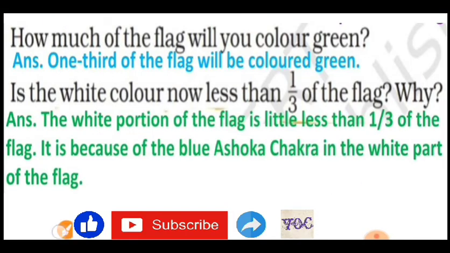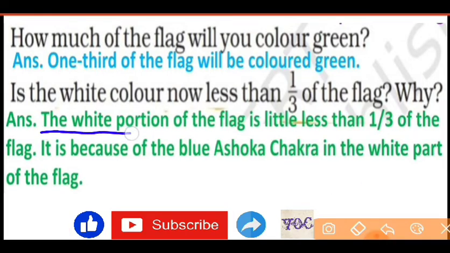So what will be the answer? The answer will be: the white portion of the flag is a little less than 1/3 of the flag. 1/3 तो देखने में लग रहा है, but it's not actually 1/3.